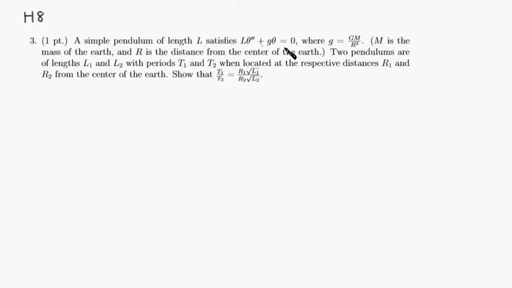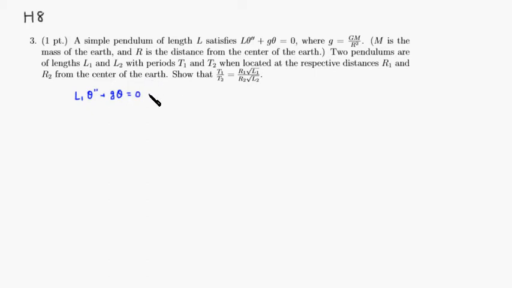All right, so let's do that. Let's start with the equation. I'm going to just do L1, the first pendulum. So the equation is going to be L1 theta double prime plus G theta equals 0.